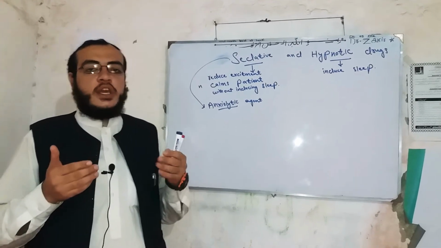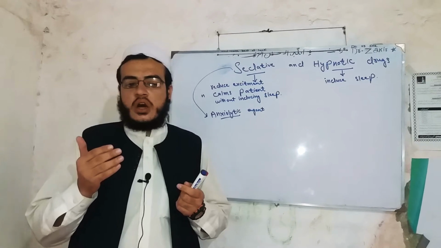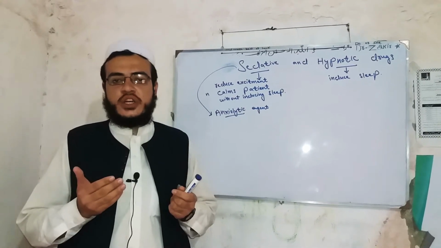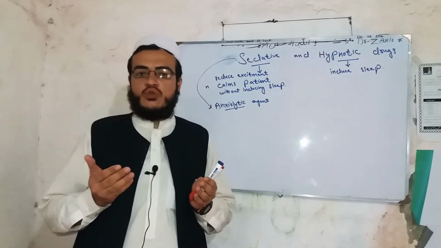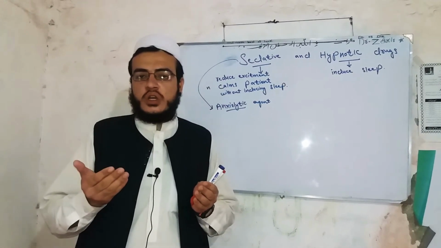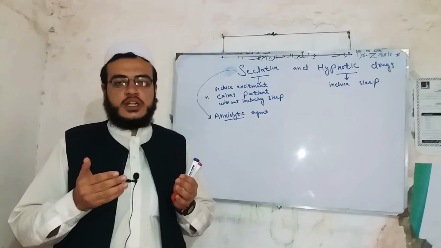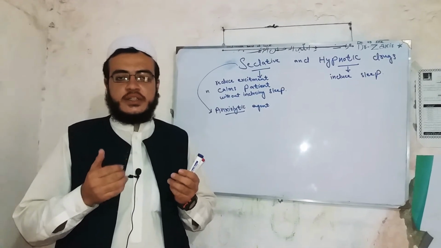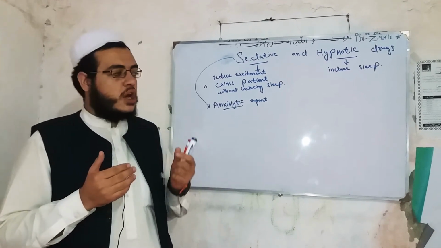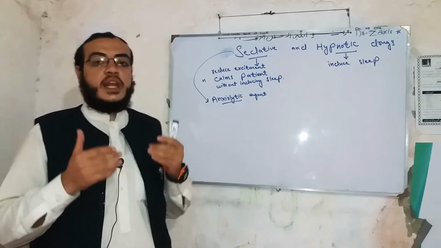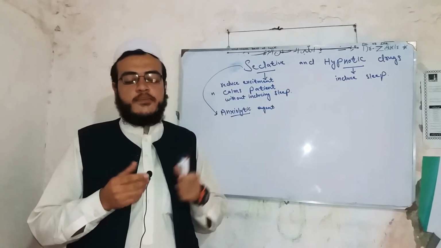Many anxiolytic drugs also cause some sedation, so they are clinically used as both sedative and hypnotic drugs, also called anxiolytic agents. Now I will come to the classification of the sedative and hypnotic drugs.